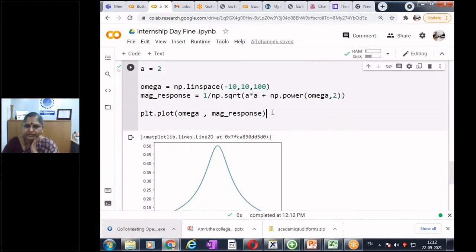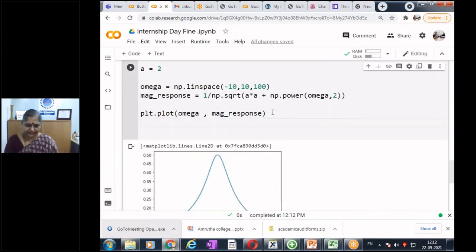And then let us put the title as well. plt.title, and what's the title? Magnitude response. Then what is my X label? X label is omega, and omega is actually omega in radians.